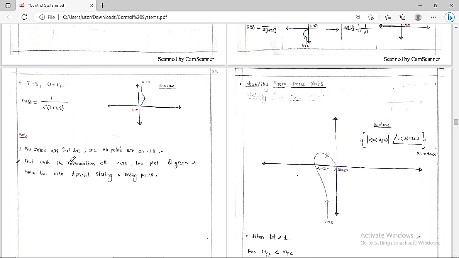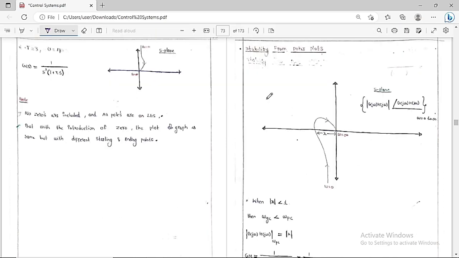In all the examples that we have discussed for these open loop transfer functions, we have not included any 0, and all the poles of the open loop transfer function purely lie in the s-plane. Suppose you introduce a 0 for this open loop transfer function, then the plot of the graph is going to remain the same, with only a difference in the starting points as well as the ending points. This is the important point you always have to keep in mind.